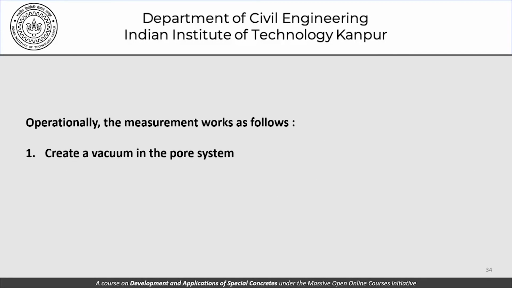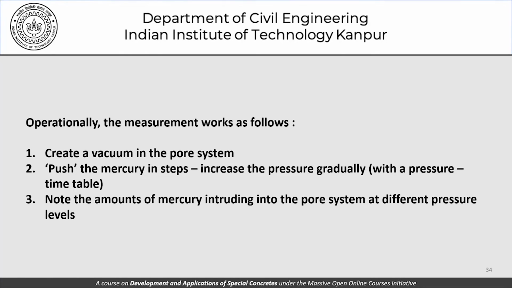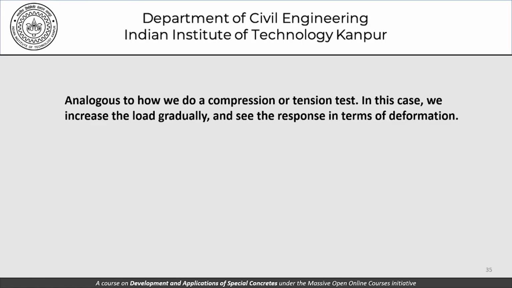Create a vacuum in the pore system, push the mercury in steps, increase the pressure gradually, use a pressure time table, and note the volumes of mercury intruding into the pore system at different pressure levels. This discussion of applying pressure in steps and measuring the amount of mercury intruded is analogous to how we do a compression or a tension test.